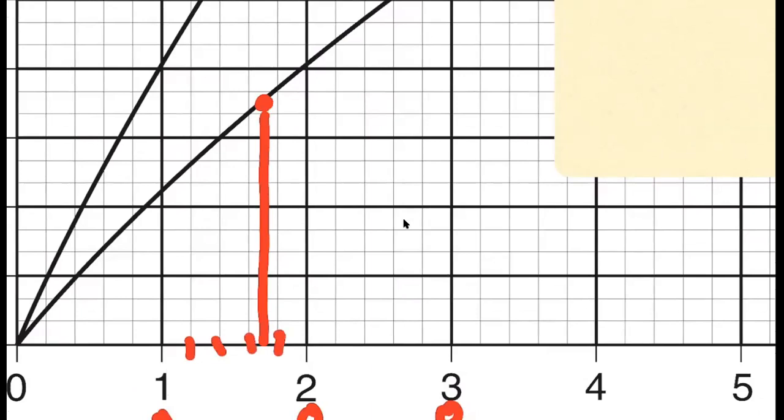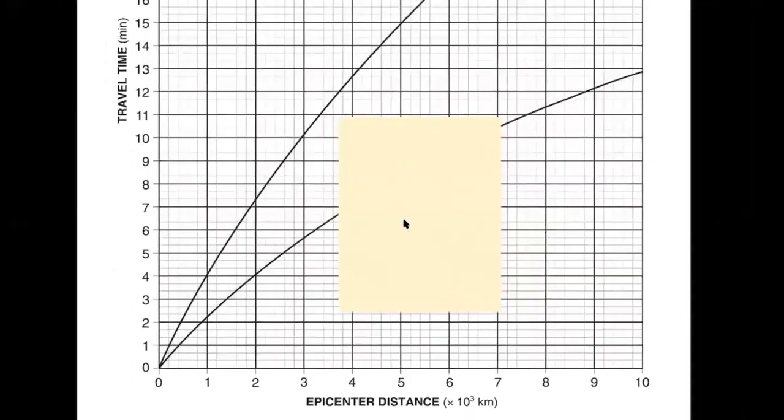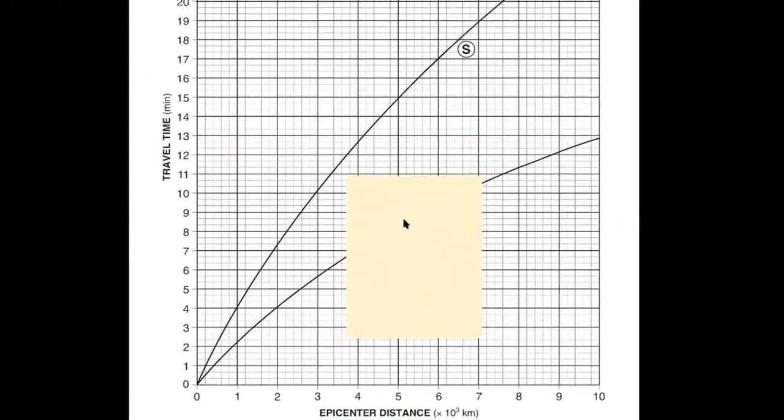It's about halfway between 1,600 and 1,800, which is 1,700. So estimating is okay. Perfection is not always going to happen there, but that's all right. Just remember those are thousands, and each box goes by 200 kilometers. So I'm going to move this piece of paper out of the way really quick here.